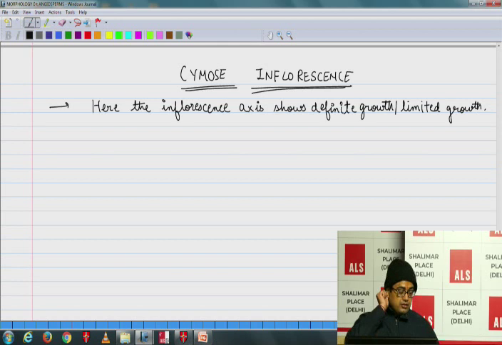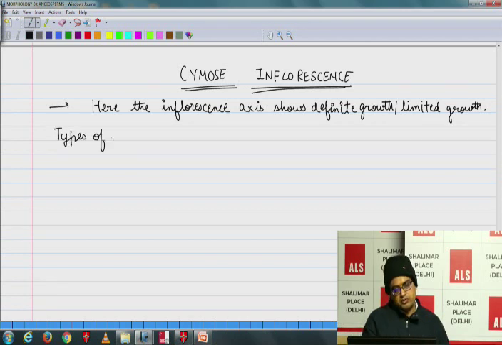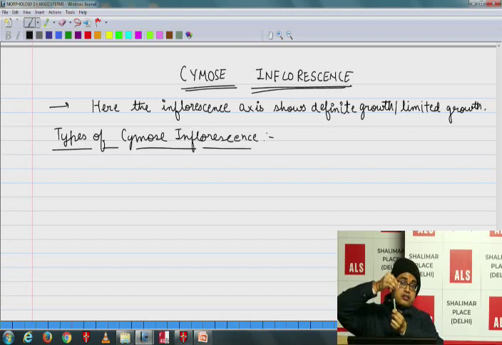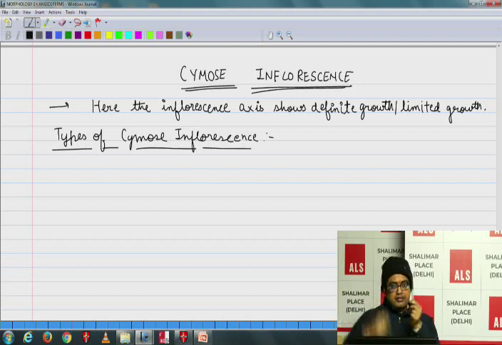Okay. So what is happening here? Types of cymose inflorescence. Now try to imagine what is happening. In racemose, the growth was indefinite. The axis was like this, so flowers come on the sides.